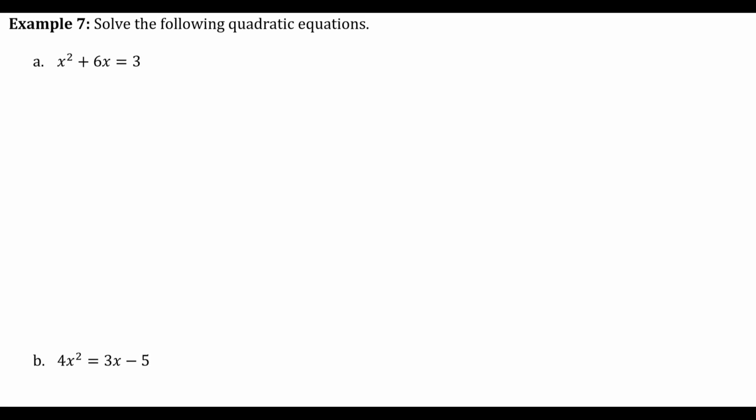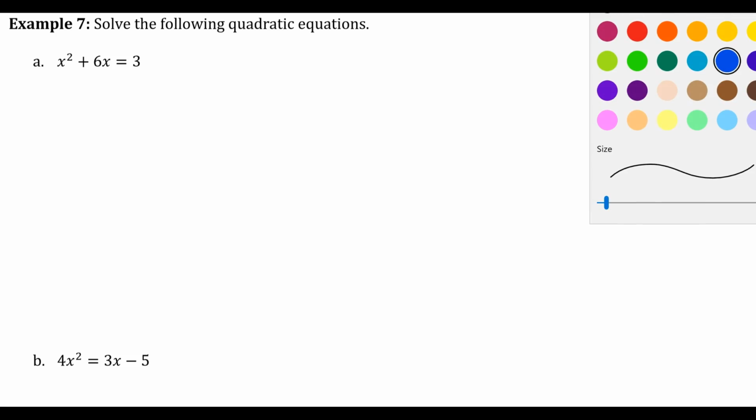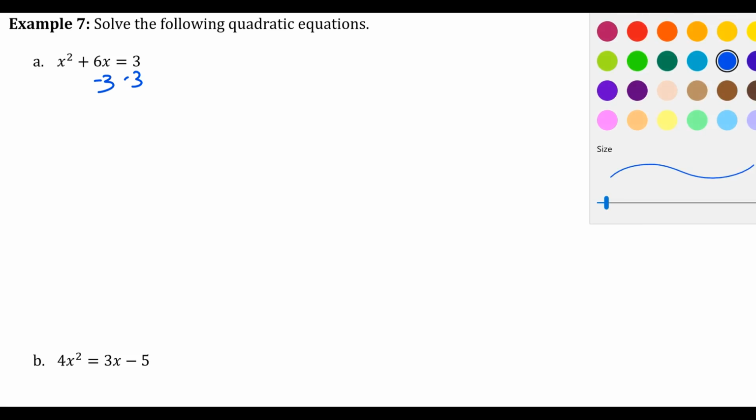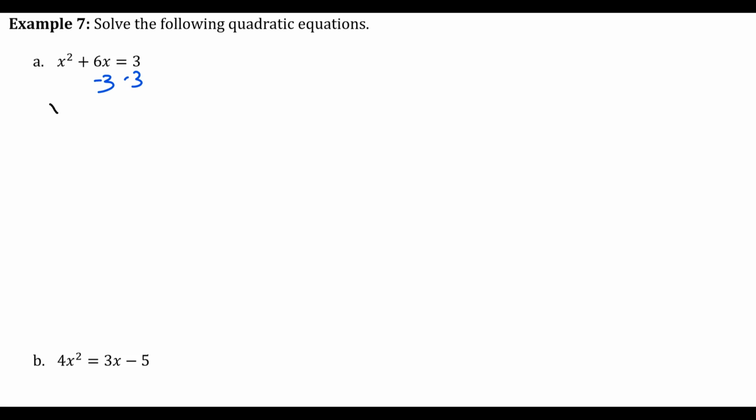So our first example has x squared plus 6x is equal to 3. This is not currently in the format that we need, because remember we need it to equal 0. So I'm going to subtract 3 from both sides so that I get x squared plus 6x minus 3 is equal to 0.